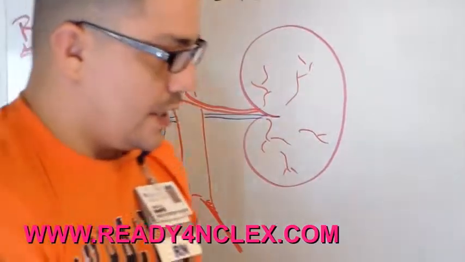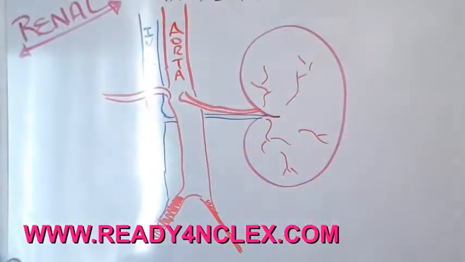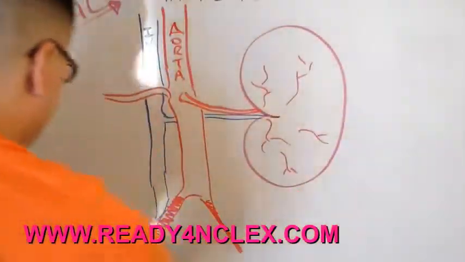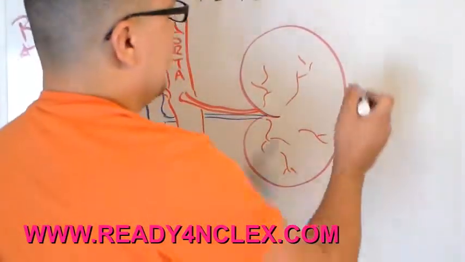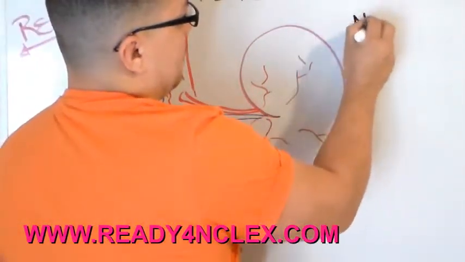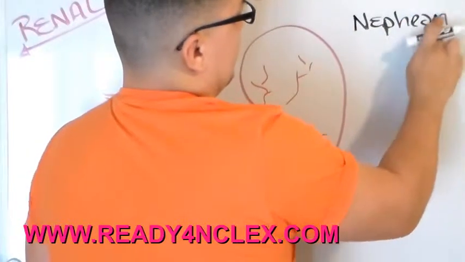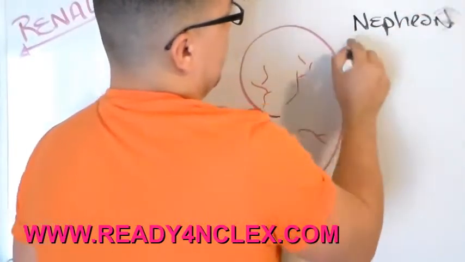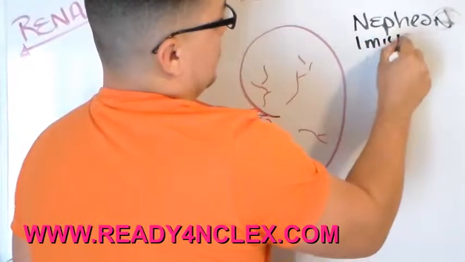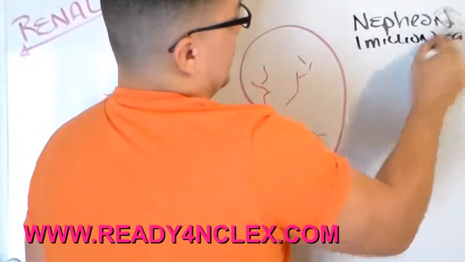We have circulation to the kidney, and the basic functioning unit of the kidney starts with an N, nephron. We have about 1 million or so for each kidney.